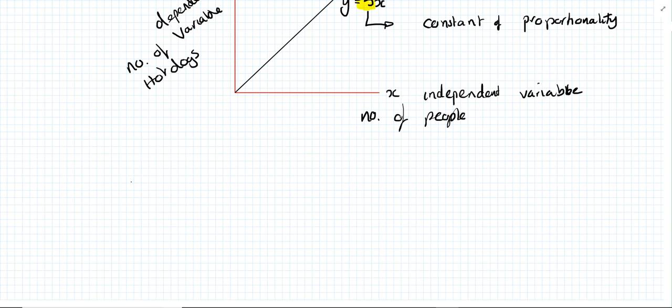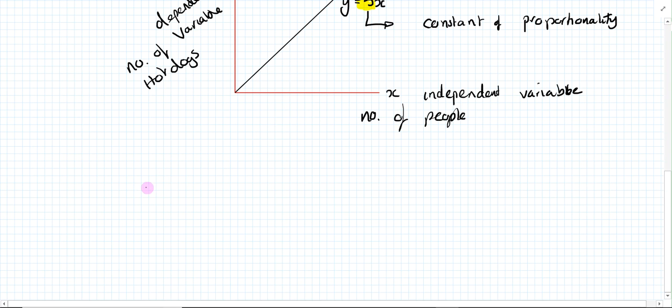And that's what links them. Now, what we showed you was that it is a linear graph. The 5 times bit is also, you recognise it as the gradient, so all those things are linked. So the ratio of people to hot dogs is always 1 to 5. That's another way to look at it as well. Link all these things together.